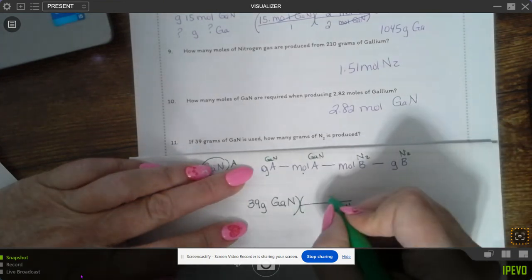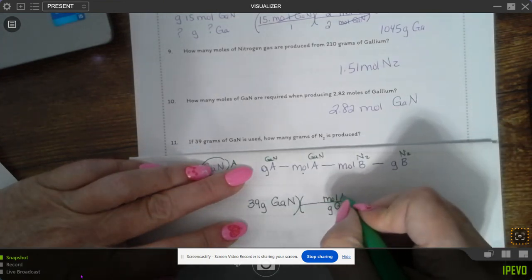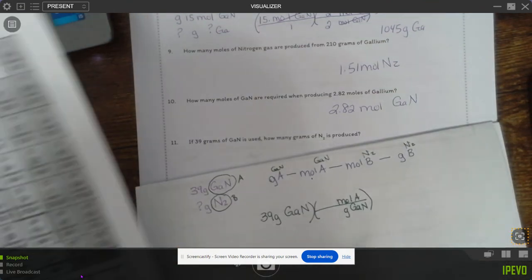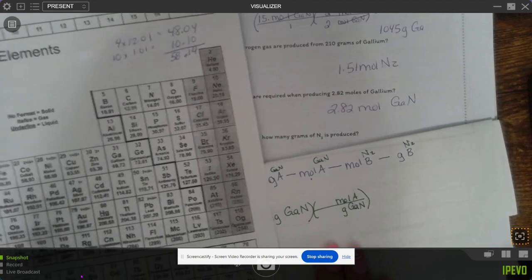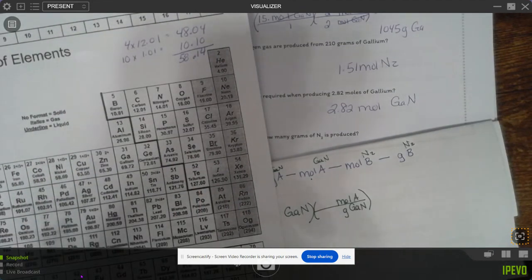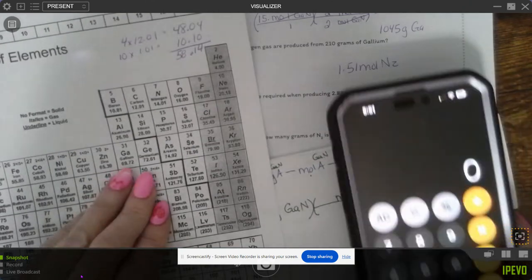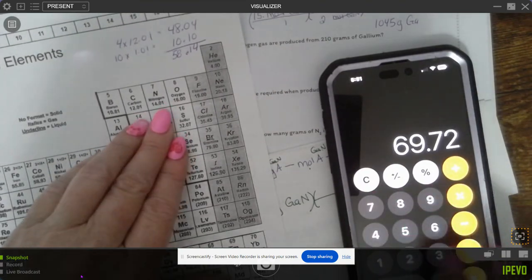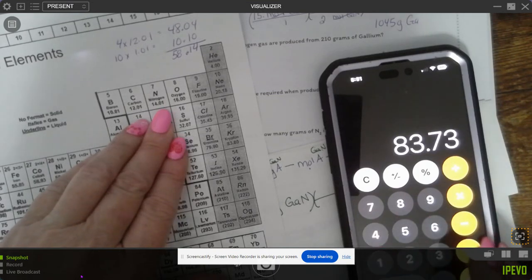On the top, we have moles of A. Okay, so let's see. Gallium nitride. I've got to add this together. Gallium is 69.72 and nitrogen is 14.01. So the molar mass is 83.73.